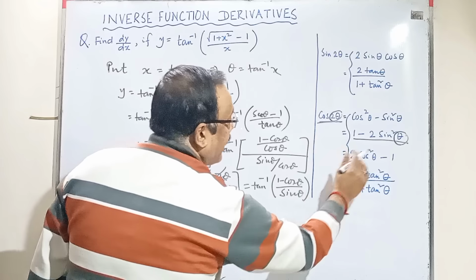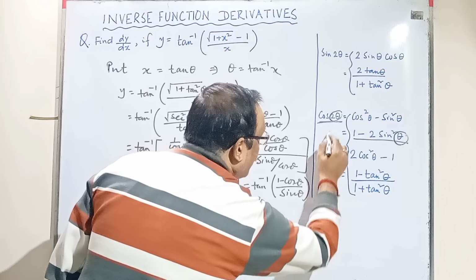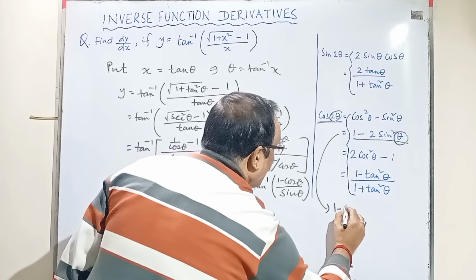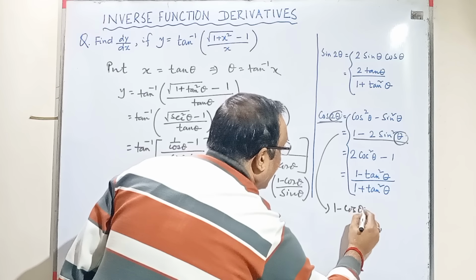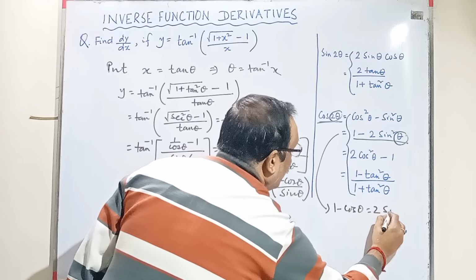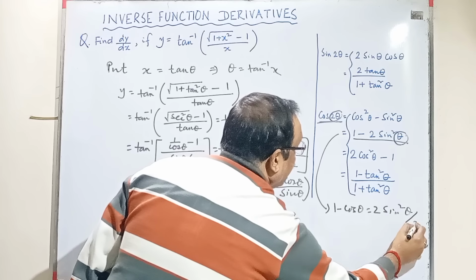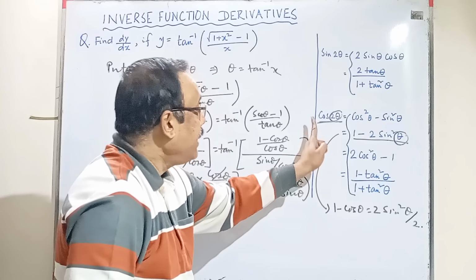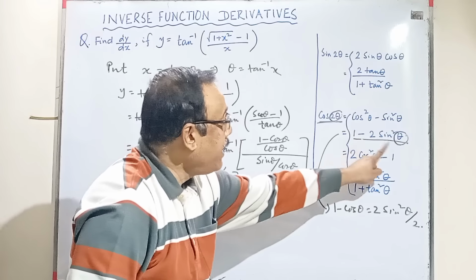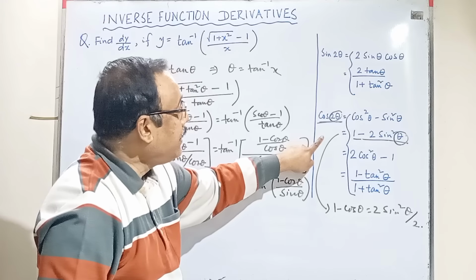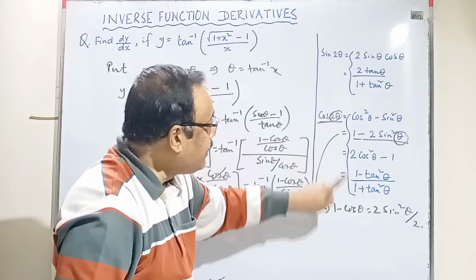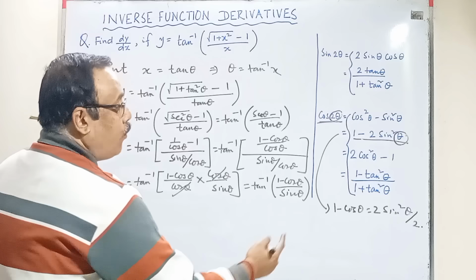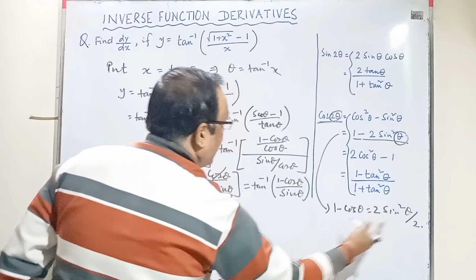So from here I can write, bringing this one to this side, this relation can be reduced as 1 minus cos theta is equal to 2 sin square theta by 2. I bring this to this side, cos 2 theta to that side. So it will become 1 minus cos 2 theta is equal to 2 sin square theta. If this 2 theta is your theta, then this theta will become theta by 2. These are submultiples. So 1 minus cos theta is equal to 2 sin square theta by 2.